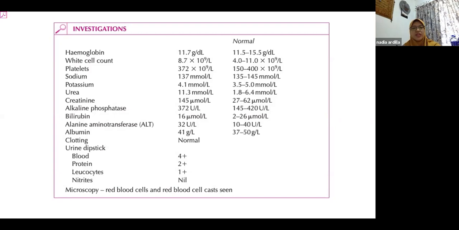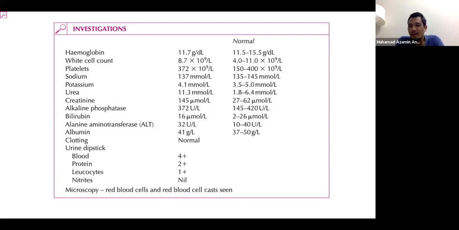And the nitrites. In UTI, there should be nitrites from the bacterial component. The bacteria will produce nitrites in the urine. So basically, if you do a urine dipstick and it is positive for leukocytes and nitrites, then normally we say it is very likely that this is UTI.